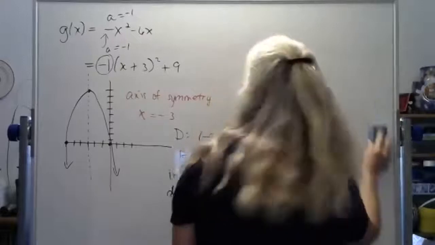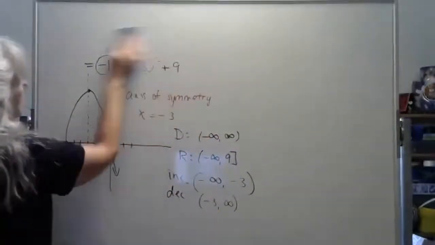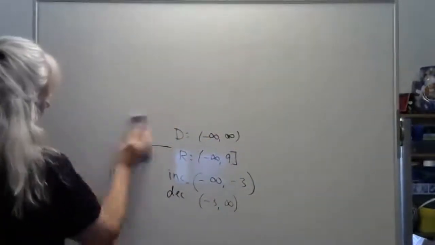Okay, our next problem, we're going to do what I call the go backward problem. So in other words, starting with the picture or information about the picture, can you write the function?